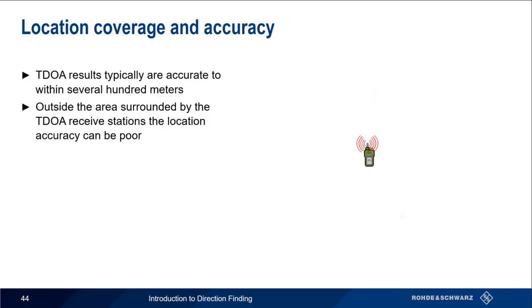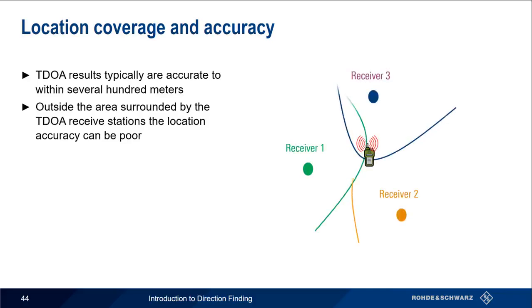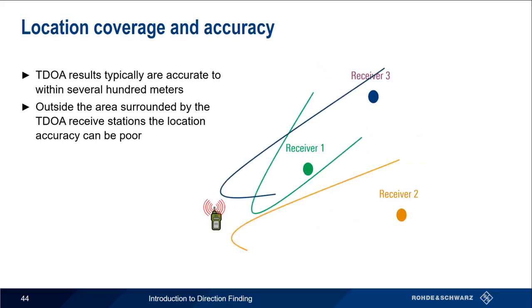For example, if our target has sensors on all sides, accuracy will usually be quite good. On the other hand, if the target is outside of our sensor network, results can be very poor. So in a sense, we need to have some idea of where the target is, or will be, before we start deploying sensors. This isn't a problem if we're trying to cover a given area, but limits the usefulness of TDOA in ad hoc direction finding applications.